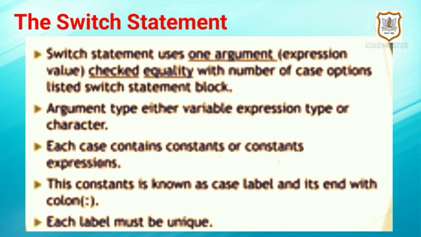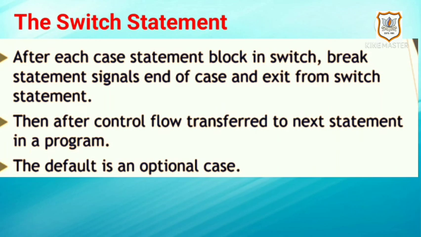This constant is known as case label and ends with colon. Each label must be unique. After each case statement block in switch, break statement signals end of a case and exit from switch statement. Then after, control flow transfers to next statement in a program. The default is an optional case.